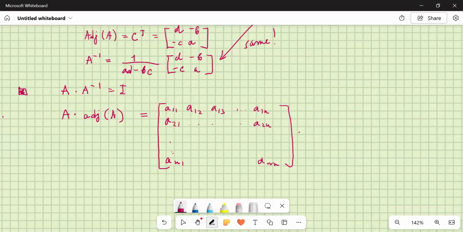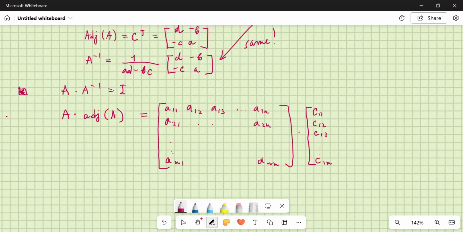Well, adjoint matrix is going to have these cofactors, but because it's transposed, it's going to have them in columns. So for example, cofactors of elements a11, a12, a1n, they are not going to sit in the first row. They're going to sit in the first column. So I'm going to write them down: C11, C12, C13, and C1n.